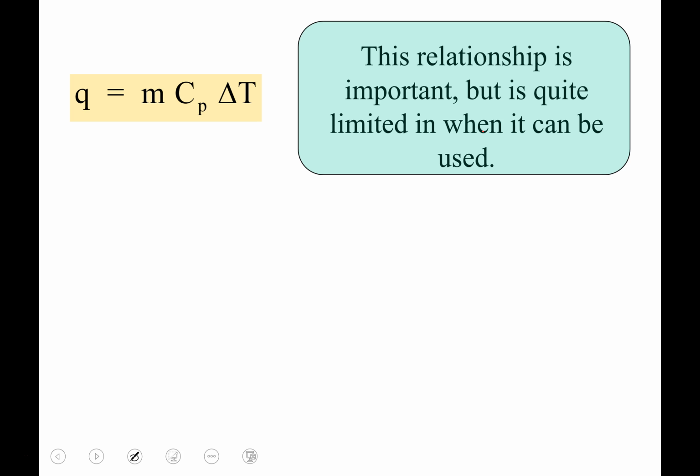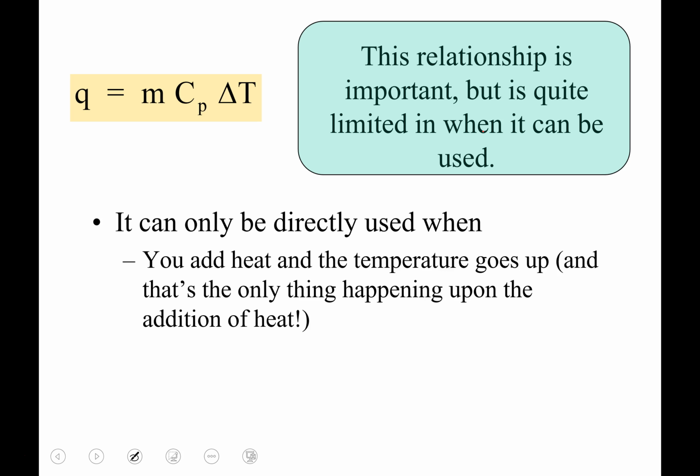So now Q is equal to M C sub P delta T. It definitely has its limitations. For instance, you can only use this if the only thing that's happening is the temperature change. The Q in or out is equal to the mass that's being heated or cooled, the specific heat of the material, and the change of temperature it observes.